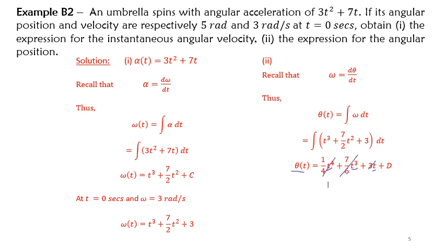That means your d is equal to your theta there, which is 5 radians. So the final expression now will be 1 over 4 t raised to the power 4 plus 7 over 6 t raised to the power 3 plus 3t plus 5. That's the instantaneous expression. Very easy to do.